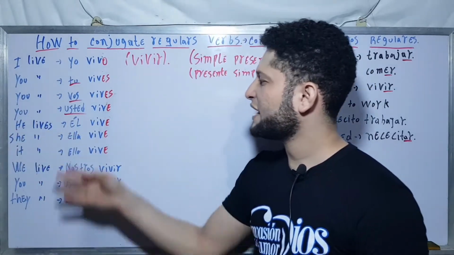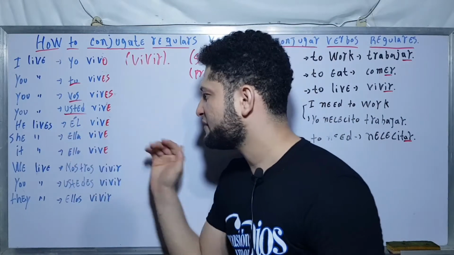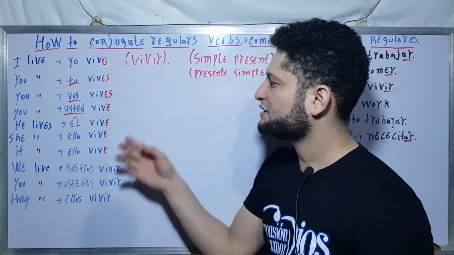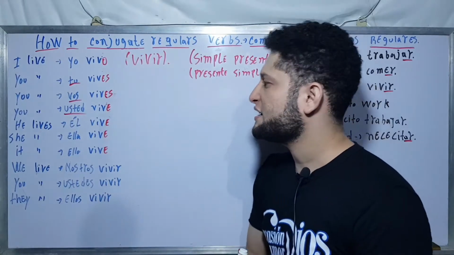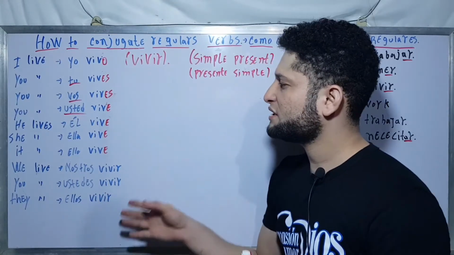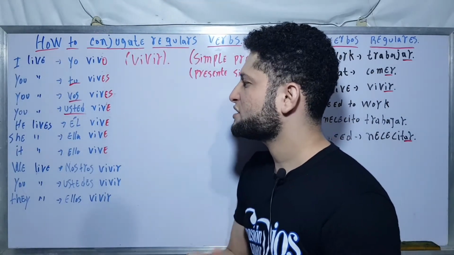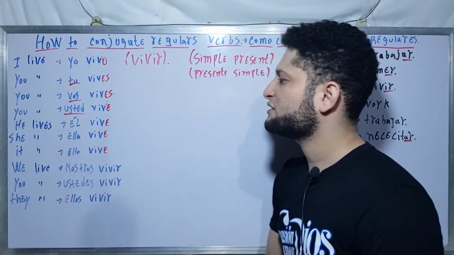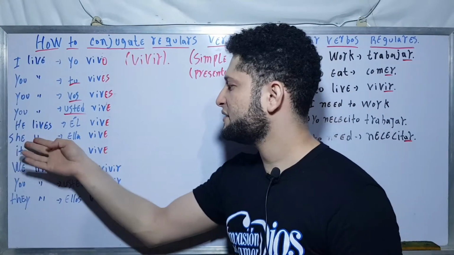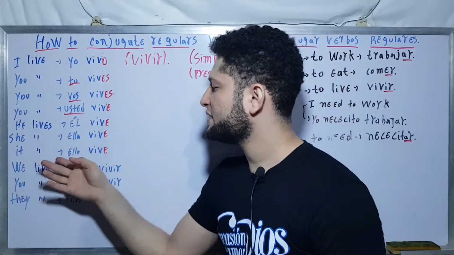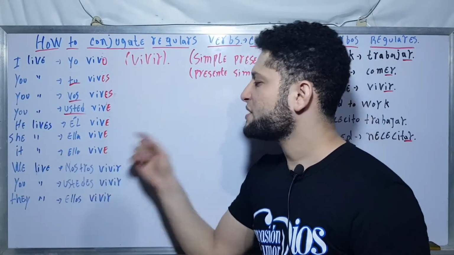He lives, él vive. So the conjugation for the second person in singular for formal situations is the same as for the third person in singular. He lives, él vive, she lives, ella vive, it lives, ello vive.